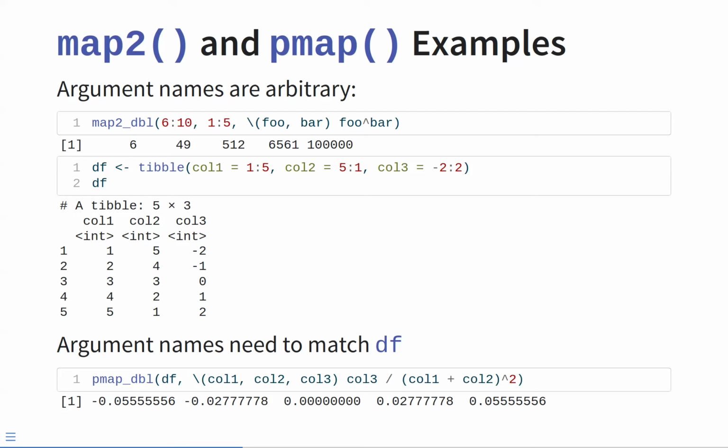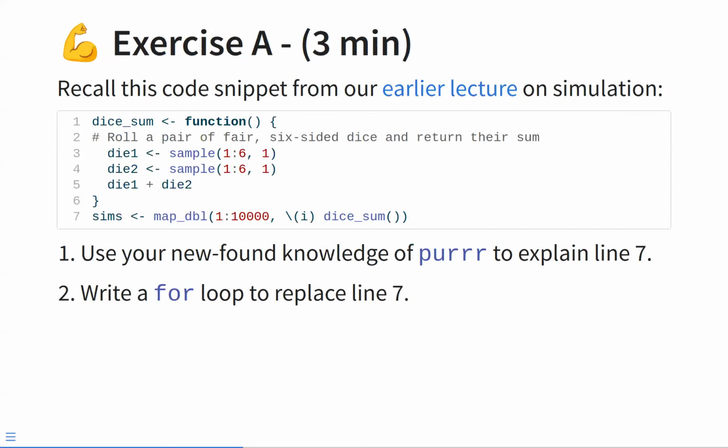So I'm writing a function that is going to look inside of that input df for those particular columns. The argument names have to match, and then it's going to use them to carry out the calculation. Here I'm taking column 3 and dividing it by the square of the sum of columns 1 and 2. Again, this is very silly. You wouldn't need to do this in real life, but it's just to illustrate that pmap does require the argument names of the function to match the names of the input.